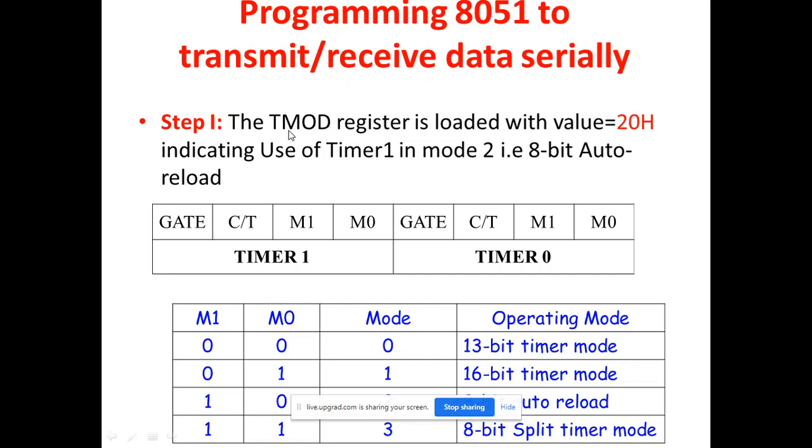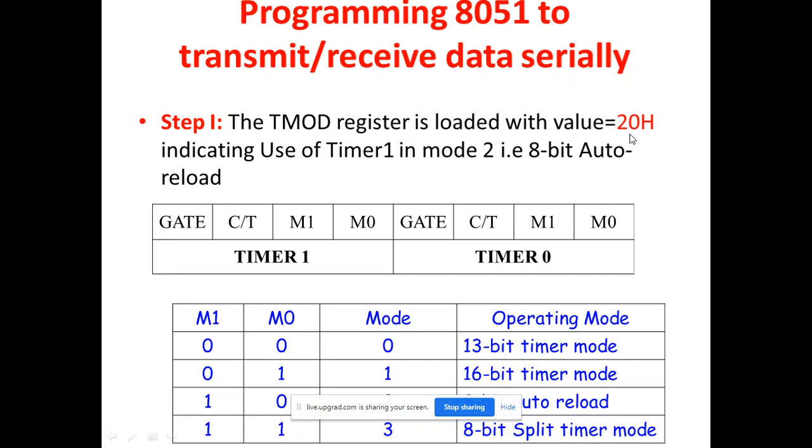We want to set the baud rate with the help of timer 1, in mode 2. Mode 2 is auto reload. Once you calculate the initial value and put it into TH1, it continuously holds that value and all characters will transfer with the same baud rate.